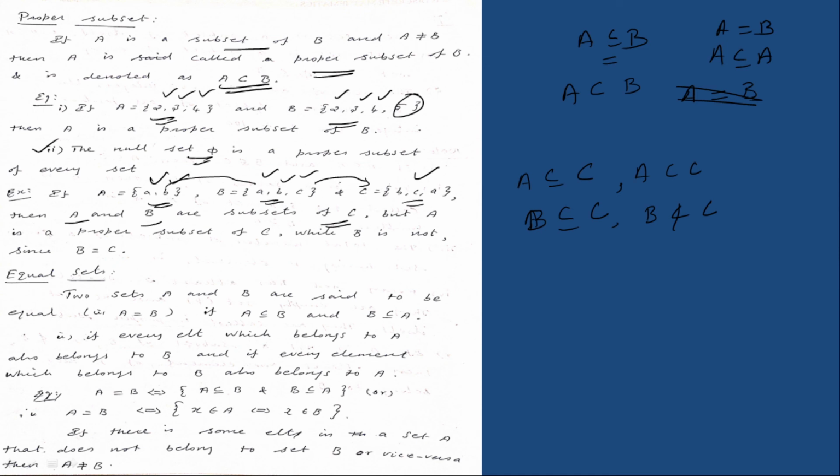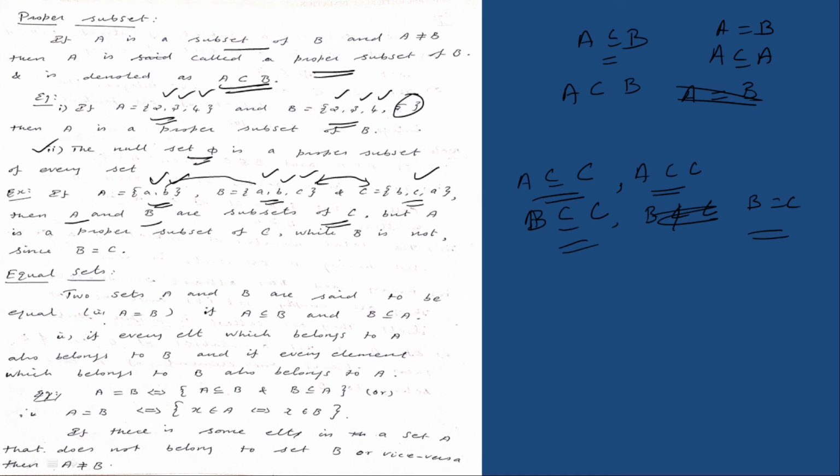For B, we can say B is a subset of C or B is equal to C. We can use either notation. But comparing A and C, A is a subset of C and a proper subset of C, because A has only 2 elements and C has 3.